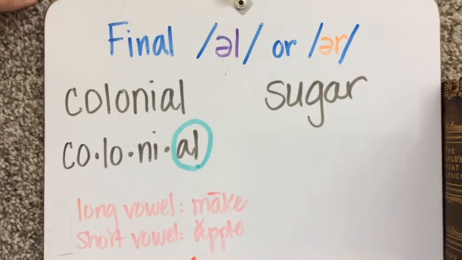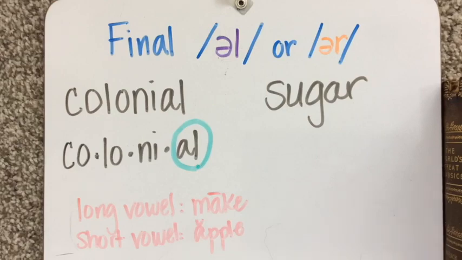So you're hearing an A or an A. We're not hearing that at the end of colonial. So that is going to be called an unaccented syllable. So an unaccented syllable, it just means that you're not hearing a short or a long vowel sound.